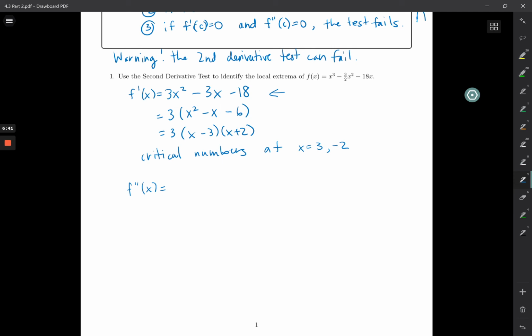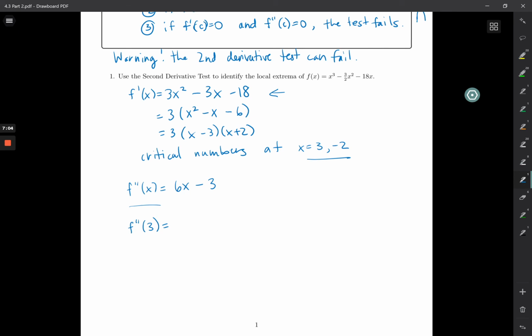Just applying the power rule, we would have 6x minus 3, right? And then all we need to do is take our second derivative, plug in our two critical points and see whether the second derivative is positive or negative, or 0, because that could happen as well.